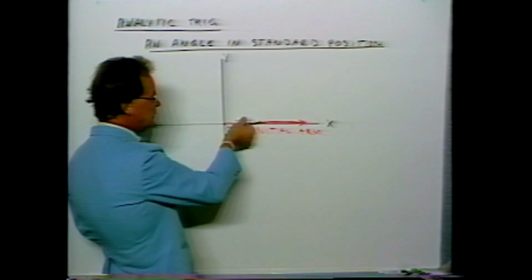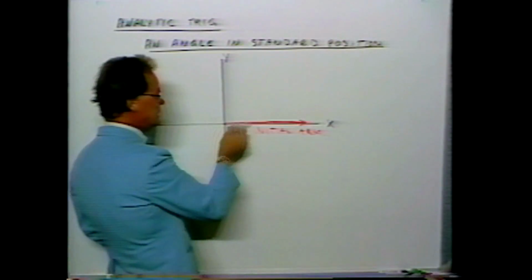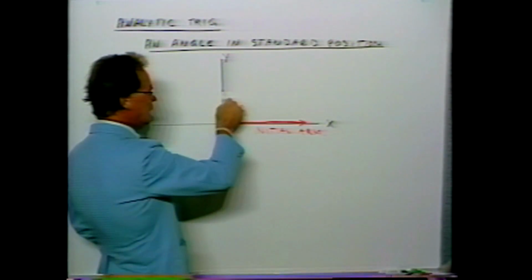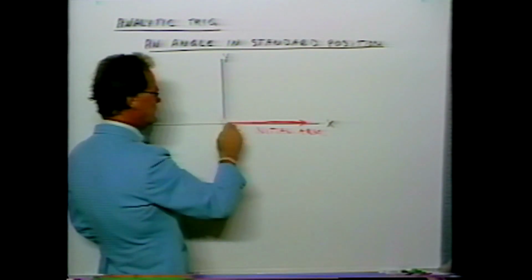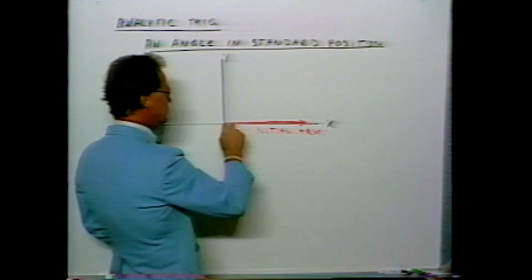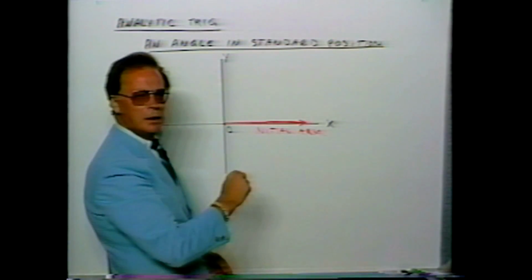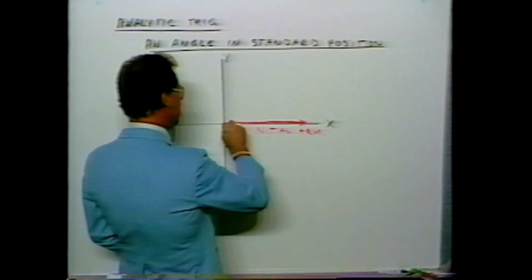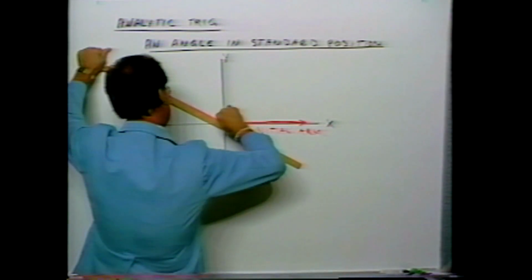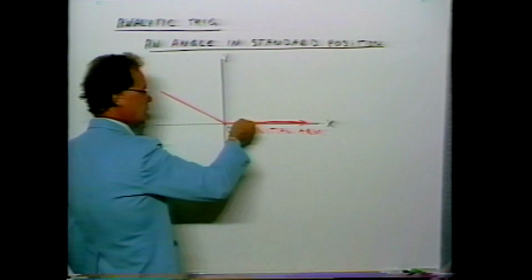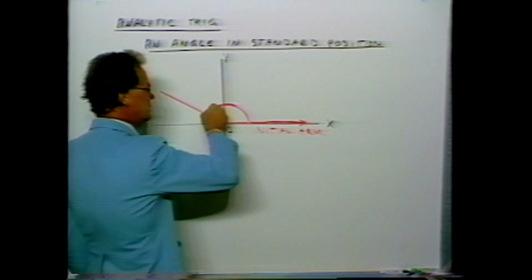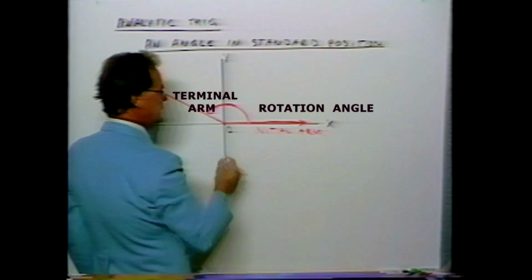We imagine another arm, the other arm of the angle, attached at the center again, rotating in the counterclockwise direction, and let's assume that it stops after rotating 145 degrees. This is referred to as a rotation angle, or simply angle.